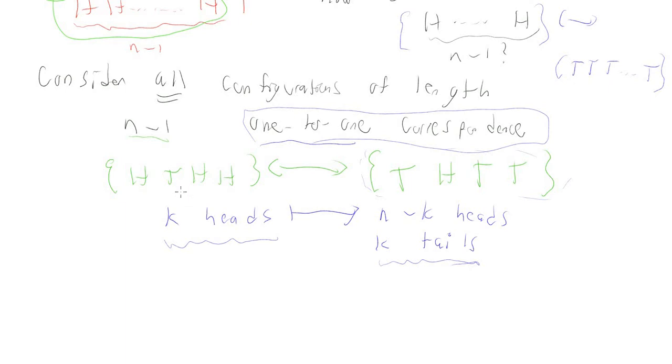So let L prime of n be the expected value of this new game. We can easily see that L of n is equal to L prime of n, because we're playing equivalent games with this one-to-one correspondence.